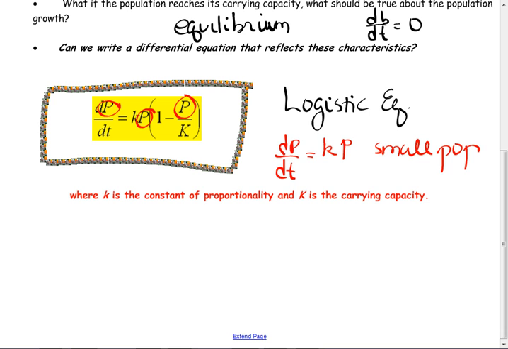But what happens when P gets to be greater than K? If that's bigger than K, what happens to my derivative? It becomes negative. So population has to decrease so it reaches equilibrium.